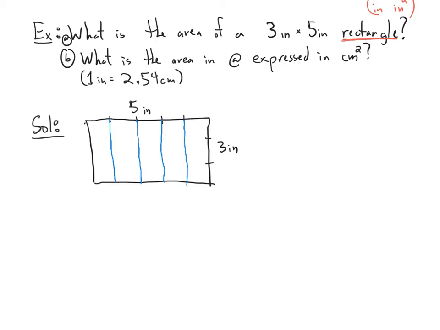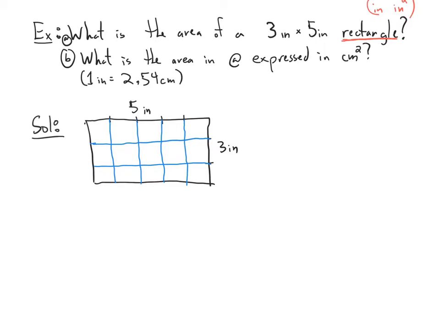But the idea, I hope, is clear. So in my sketch, I want each of these to be a 1 inch by 1 inch square. We have 5 inches up top, so there are 5 1-inch squares going horizontally. And the vertical length is 3 inches, so there are 3 1-inch squares going vertically.